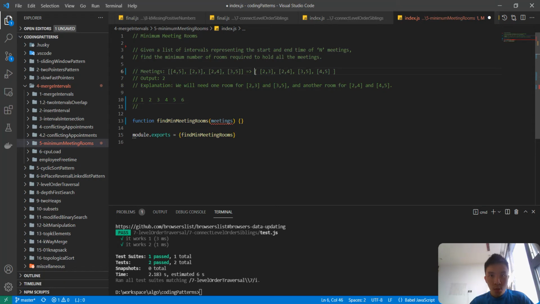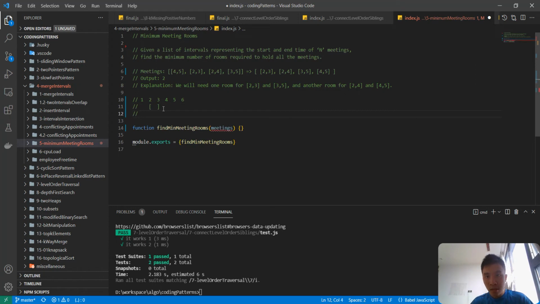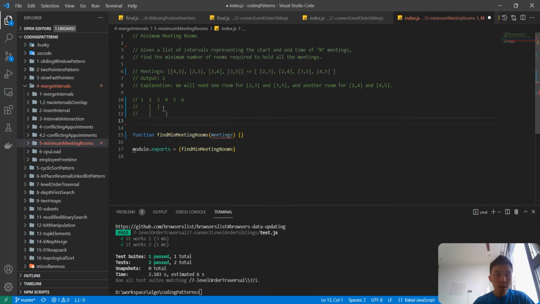So we will put these intervals into our diagram. First is 2 to 3. Okay. Next one is 2 to 4. Next one 3 to 5 and 4 to 5.